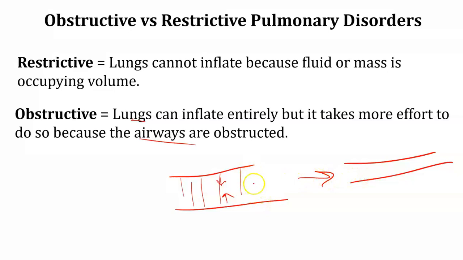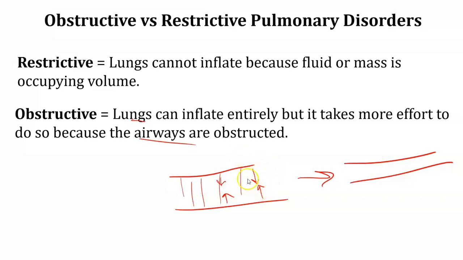Recall that if you halve the diameter, it will actually make it 16 times more difficult for flow to pass through. So even though you're just shrinking by 50%, it's 16 times more difficult. And that's a lot more effort. You have to exert yourself 16 times more forcefully to get air to pass through.